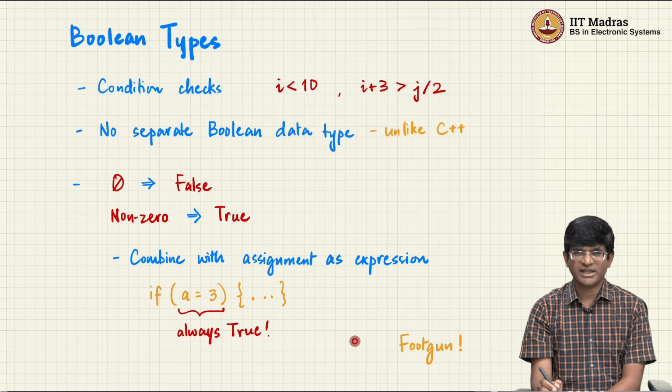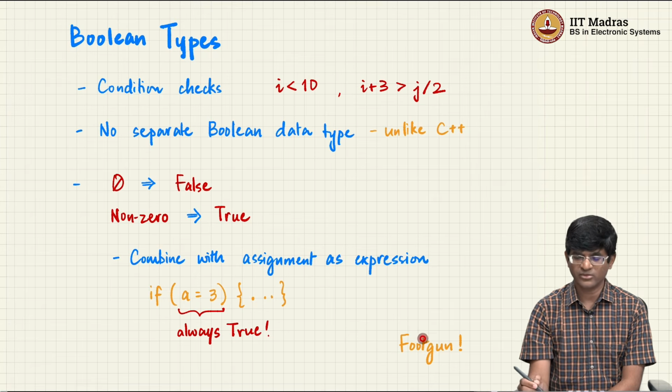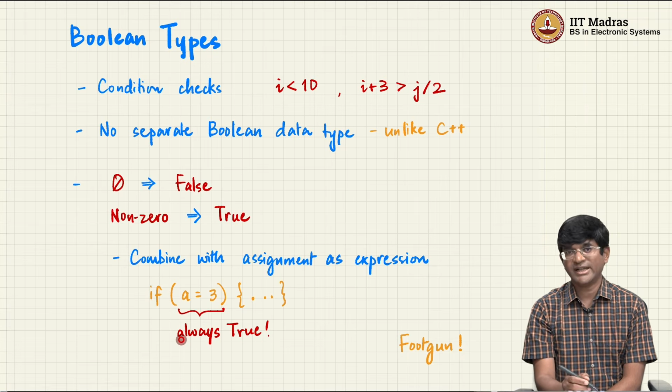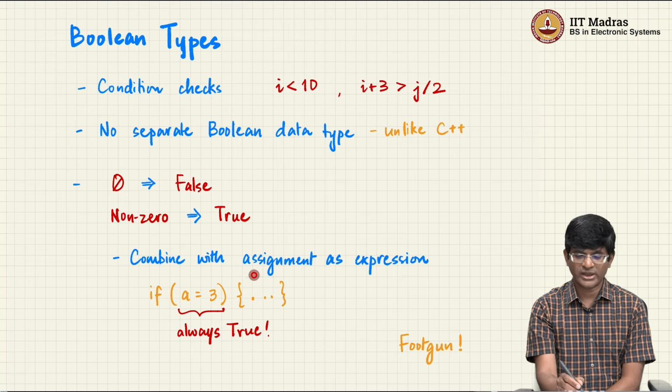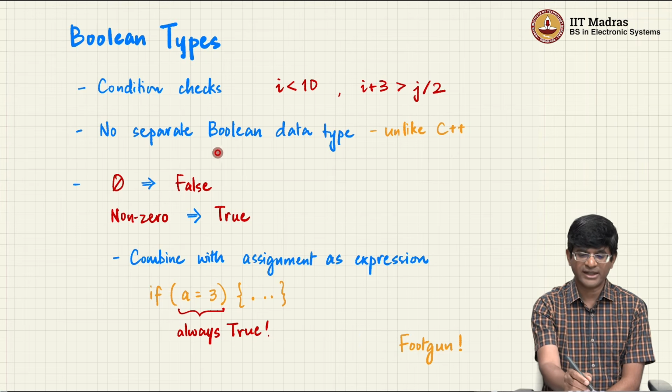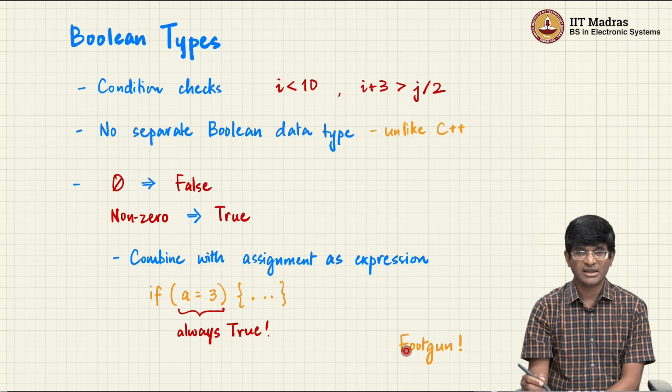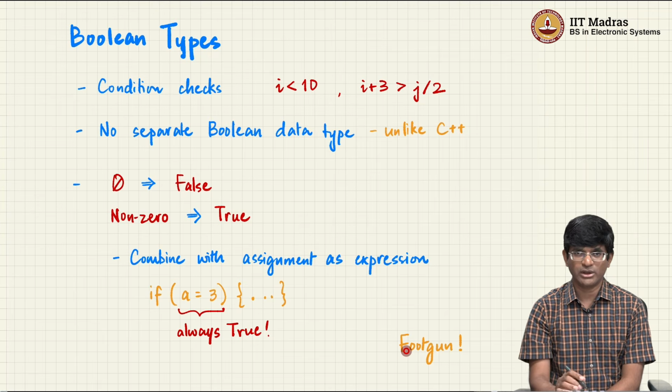Writing code like this is basically called shooting yourself in the foot, and a nice colloquial term for it is a foot gun. Please be very careful when writing code of this sort. The fact that you can treat assignments as expressions and the fact that there is no separate Boolean data type can combine to get you into a lot of trouble if you are not careful about how you are writing code.